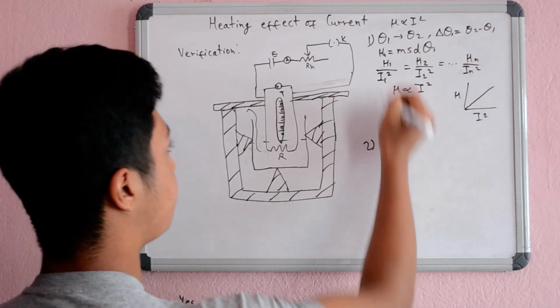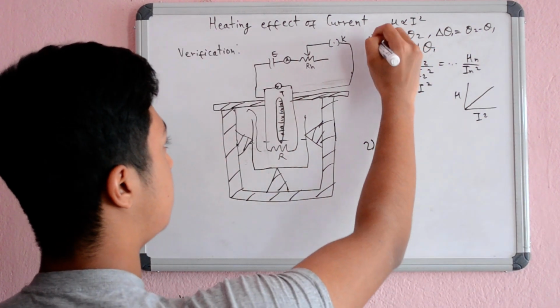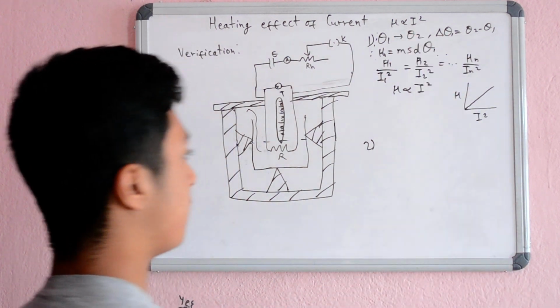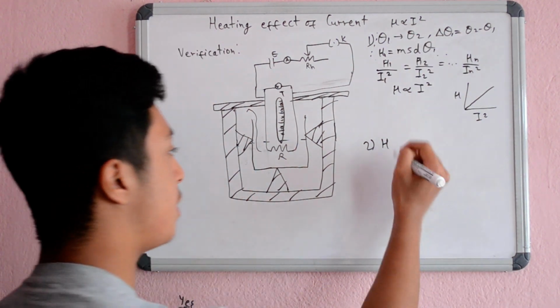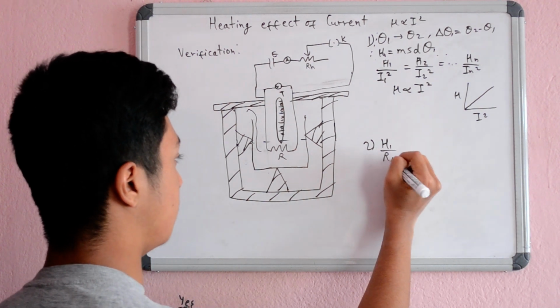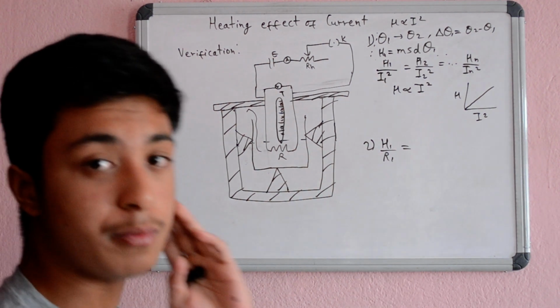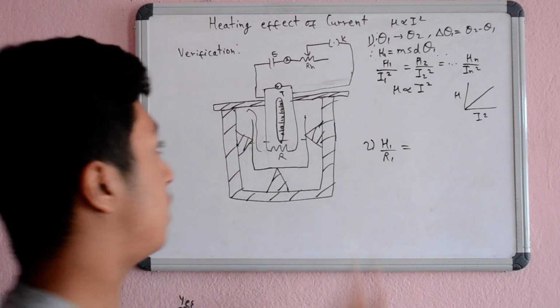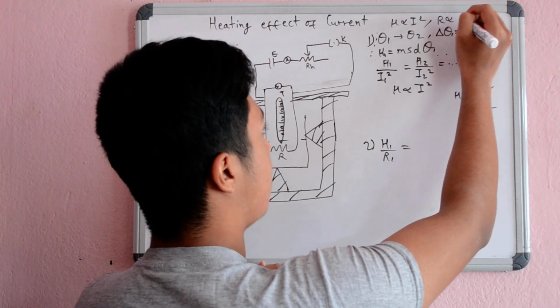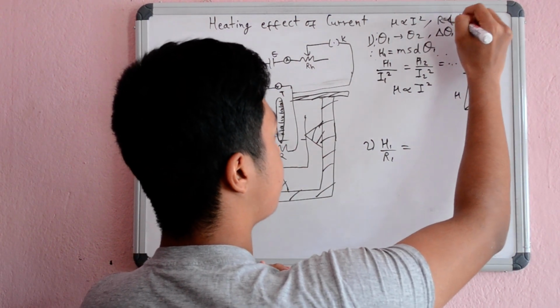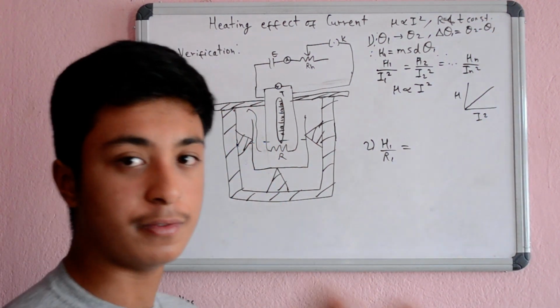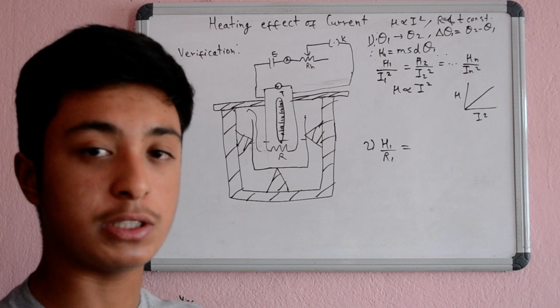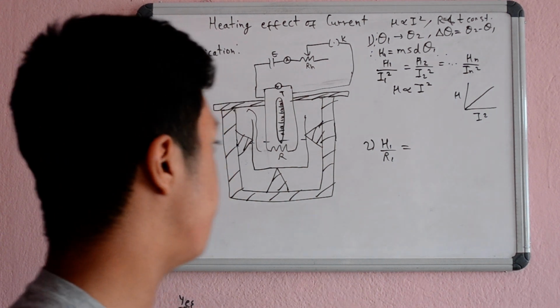Similarly, they found the ratio of the first heat to the first resistance. I forgot to mention, in the first part, they kept the resistance and time constant. That means they took a certain amount of time and a certain amount of resistance but passed different amounts of current each time.